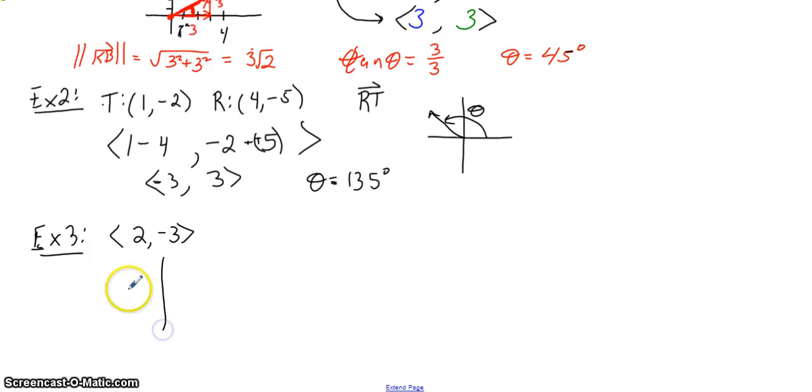I don't think it's called standard position, but we sort of say this is how we think about it. So start off with an initial point at the origin. Go 2 to the right, 3 down. That would be the vector.